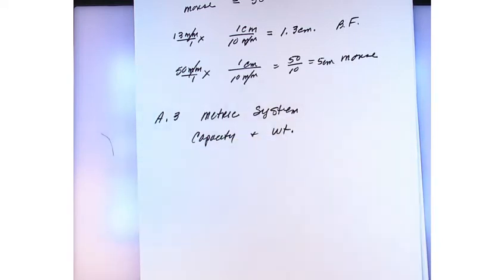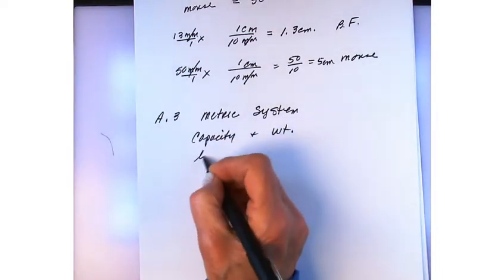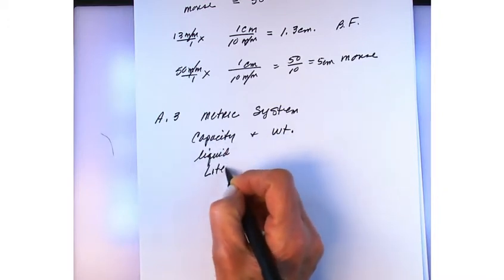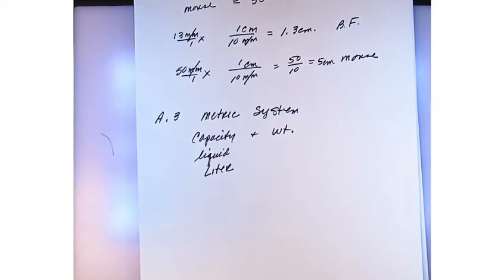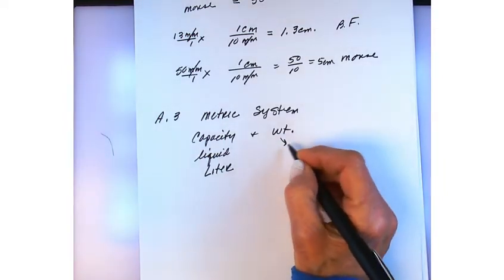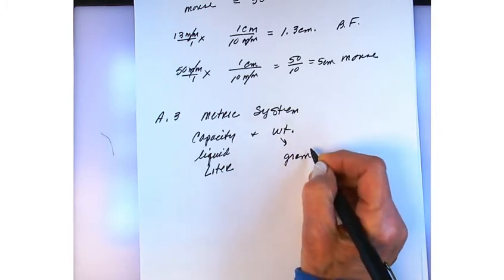Okay? Capacity would be liquid measure, such as a liter. You're familiar with a liter of pop. This would be weight, such as a gram that you get in medication.